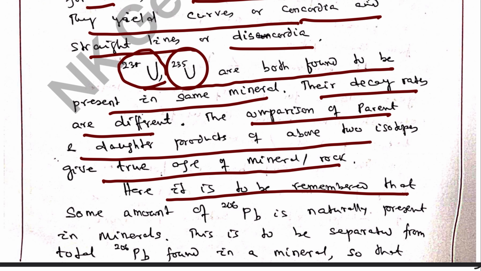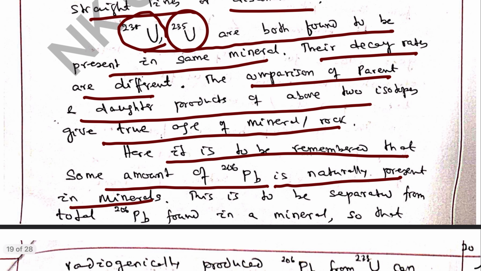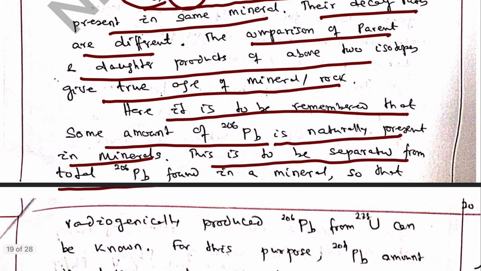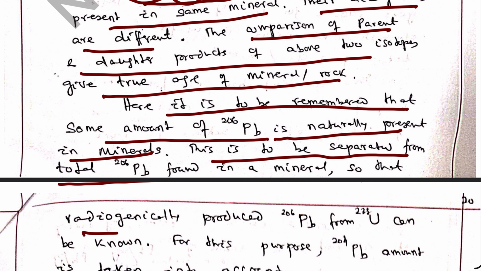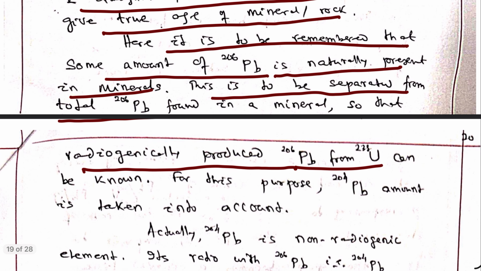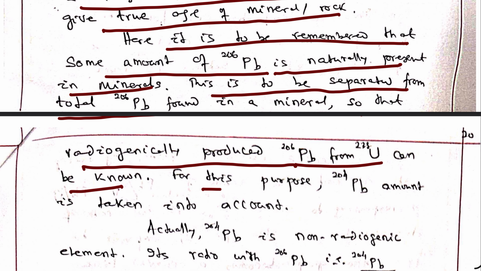Here it is to be remembered that some amount of Pb206 is naturally present in minerals, which will have to be removed. This is to be separated from the total Pb206 found in a mineral, so that radiogenically produced Pb206 from uranium-238 can be known.